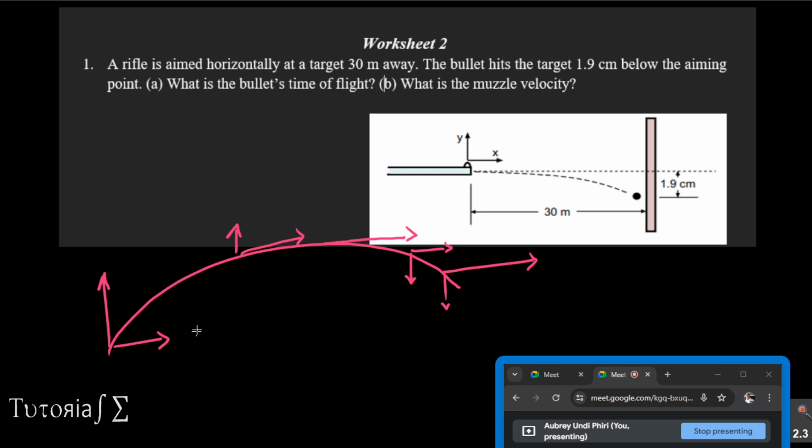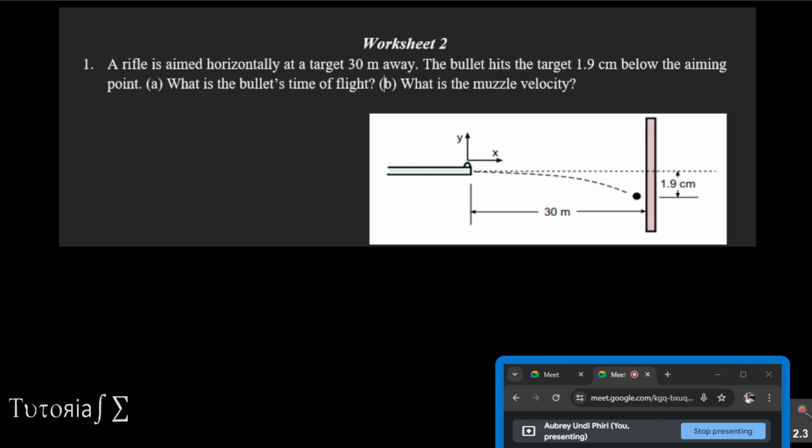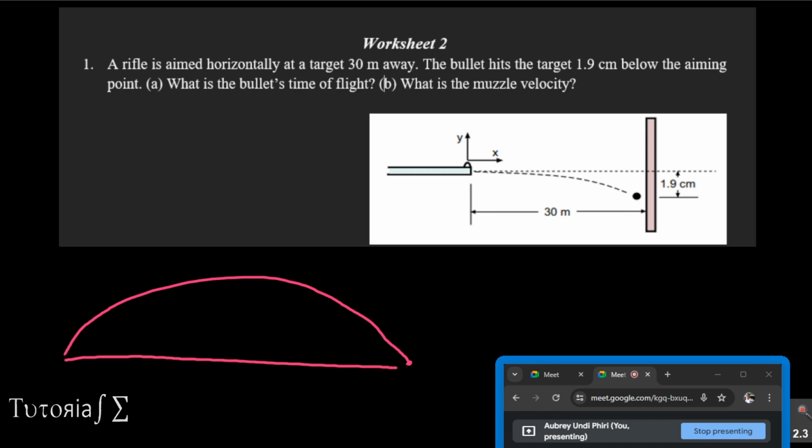Now just a few things that you need to know about projectile motion. When you project an object, let's say this object moves from point A, it flies to point B. The time it takes for it to move from point A in the horizontal all the way to point B is the same time it takes to move from down, going up, then coming down here.